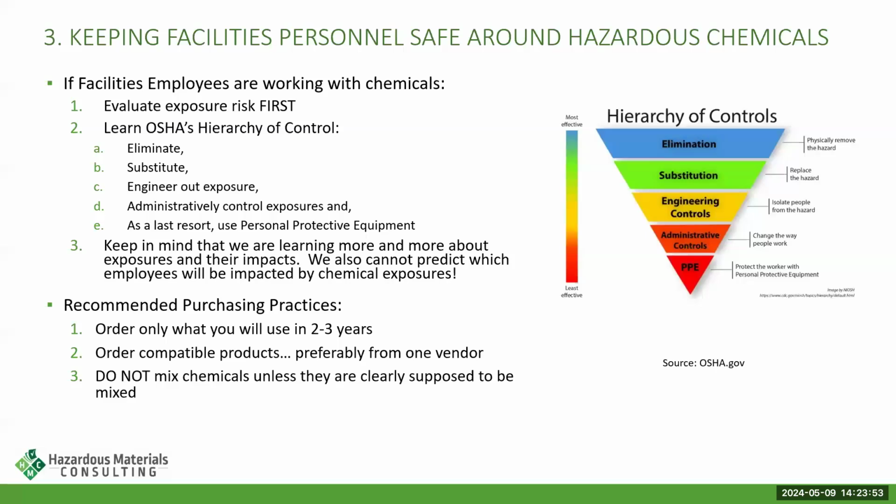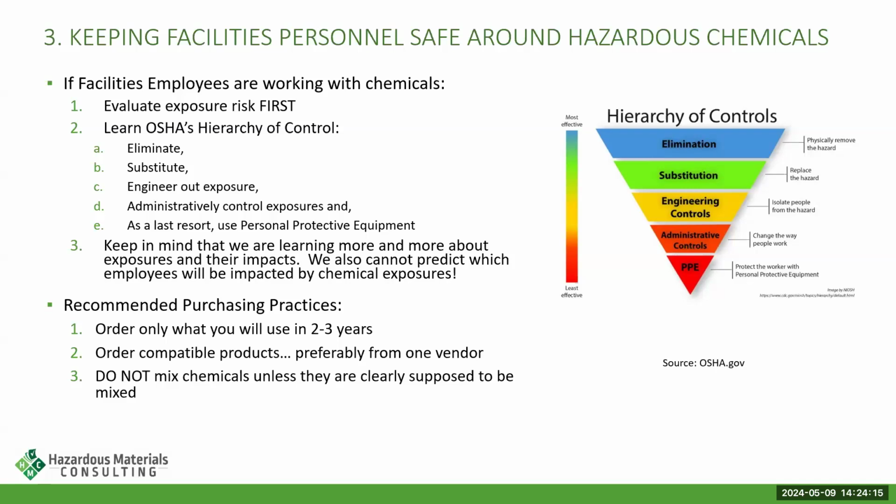Now, if there are things that we have to use and they do present risk, and we're going to run into chemicals like that, then the next step is to engineer out exposure. And we see this a lot in science, and in the art classrooms, and sometimes in industrial tech, depending on their processes.